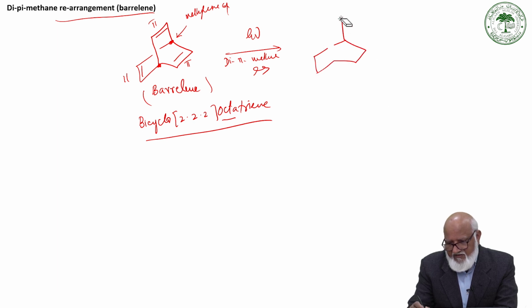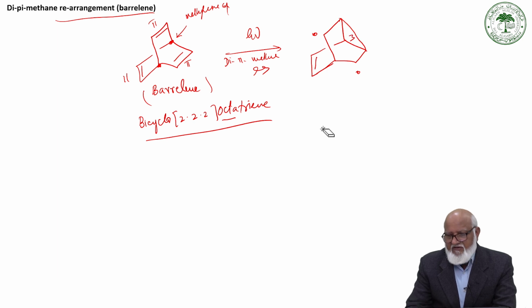The main intermediate will look like this. Through this, this is the new bond formation, a 3-membered ring, the diradical, and this is a double bond here.